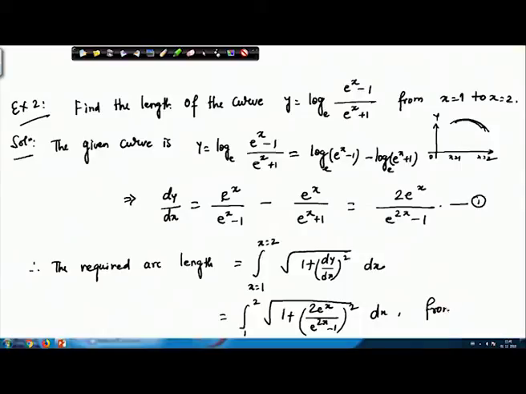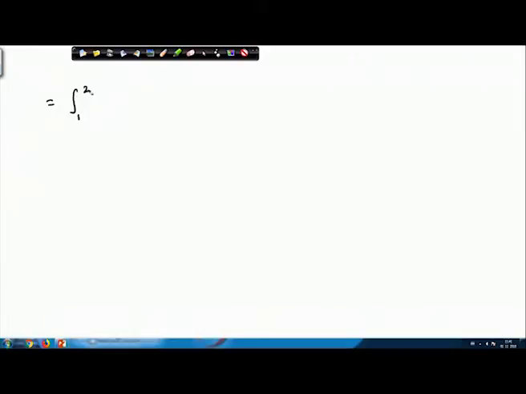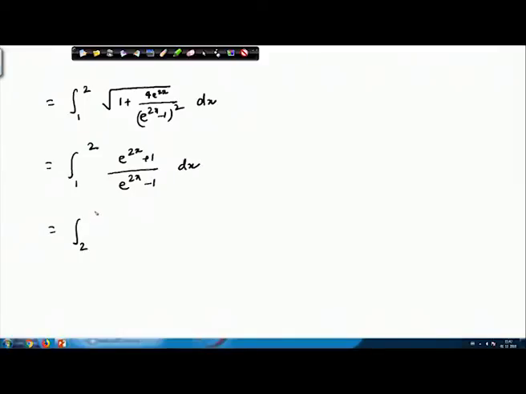We can write it as, from 1. All right. So, if we do the square here, then this will reduce to integral from 1 to 2 of square root of 1 plus 4 e to the power 2x over e to the power 2x minus 1 whole square dx, and this can be simplified to integral from 1 to 2 of e to the power 2x plus 1 over e to the power 2x minus 1 dx, and this can be further simplified to e to the power x plus e to the power minus x divided by e to the power x minus e to the power minus x dx.